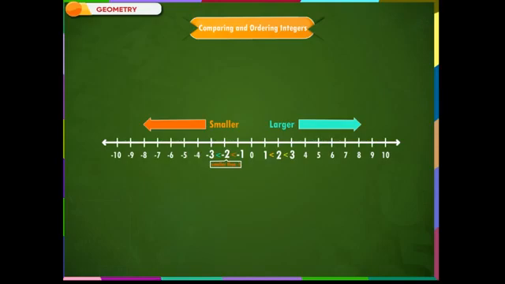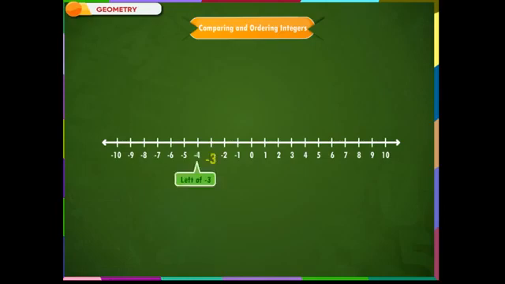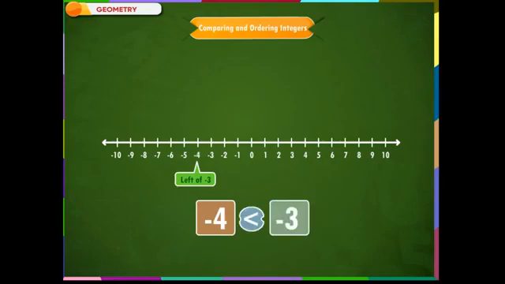Let us solve few examples to understand this better. Example 1. Put appropriate sign to compare the given integers -4 and -3. Since -4 lies on the left of -3, and we know that values of number is lesser as we move towards left on the number line, therefore -4 is smaller than -3.